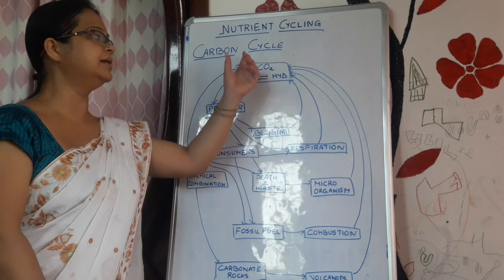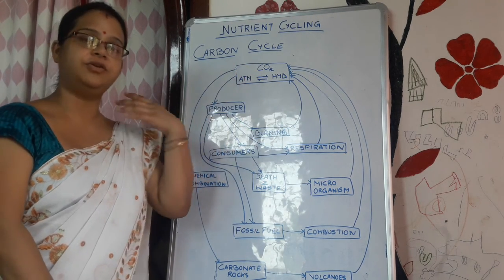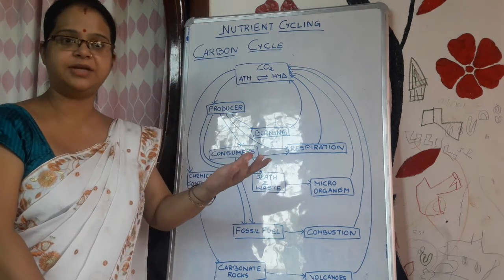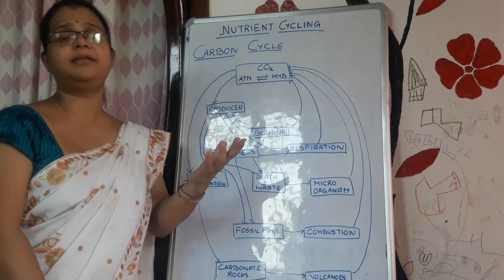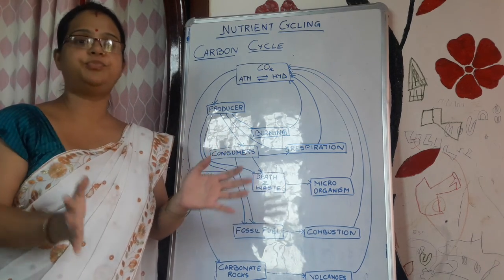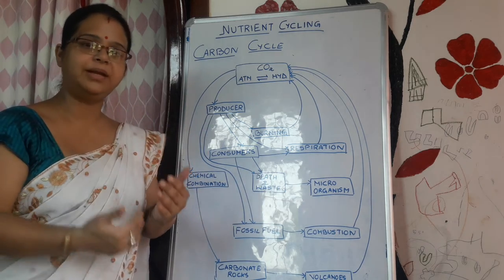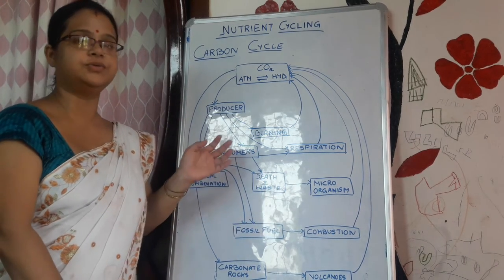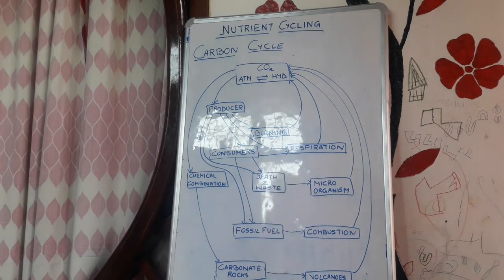This is the carbon cycle, and it is a very important process, because if it is not returned back to the atmosphere, the oxygen amount will be depleted, and a huge, chaotic situation will be created. So in order to maintain the balance, this cycle goes on. This is one of the biogeochemical cycles.